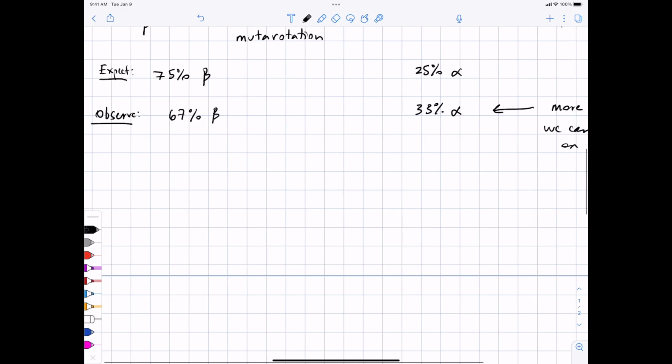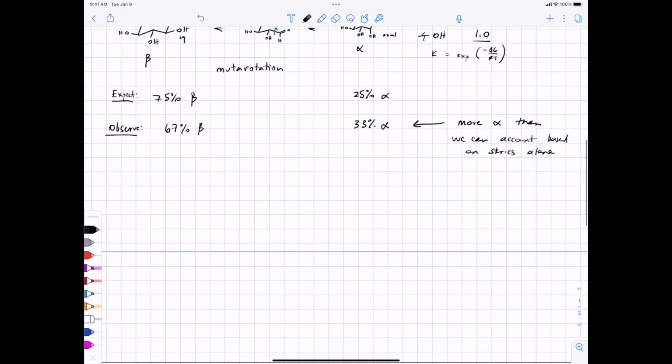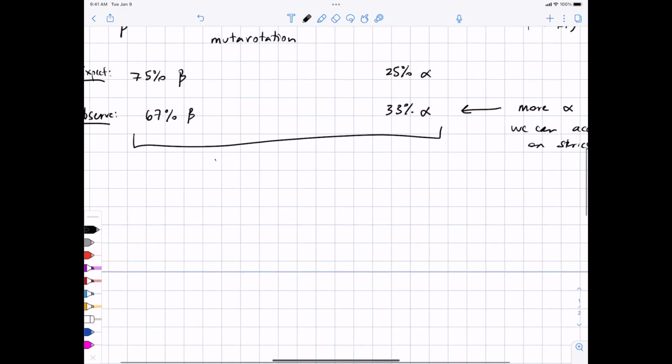So what I've shown you here, this observation that we have more of the alpha anomer than we can account for, this is called the anomeric effect. And if you look up that term, it says it's a contrasteric or against steric bias for the alpha anomer instead of the beta anomer. And how do we explain that?